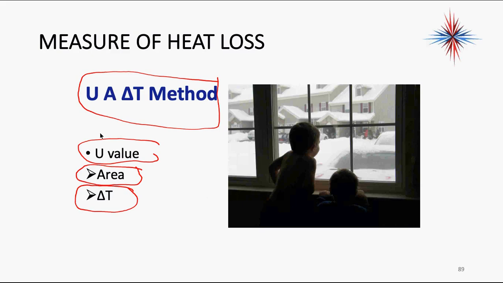The total area of the exposed surface is the area. That's your A. The U value is something that we use tables and charts to calculate. That's the thermal conductivity of, like, the wall or window. And then we have to know the temperature difference.